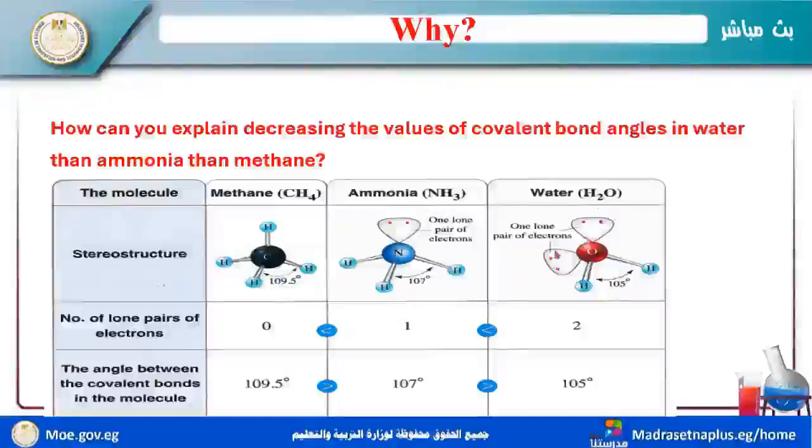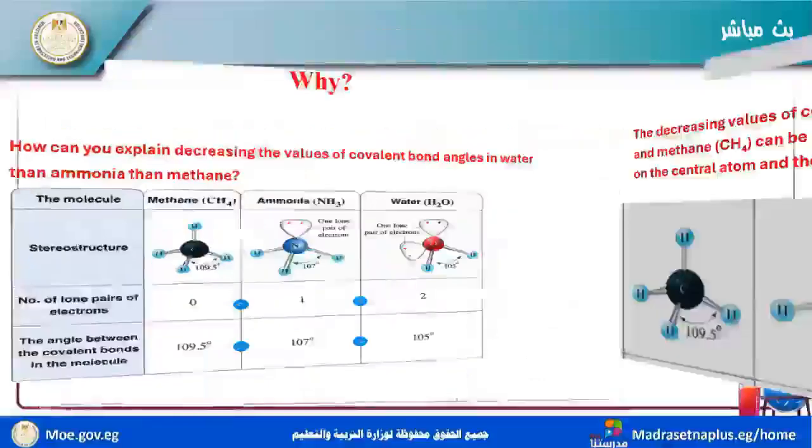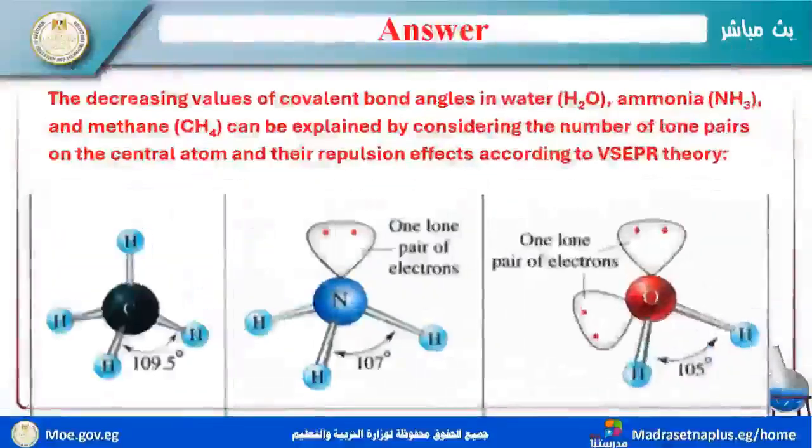The 2 lone pairs give more repulsion force than here, and less here. So the angle here is 109.5, this angle is 107, and this angle is 105. This angle is determined by the repulsion force between the free lone pairs and bonded electrons.